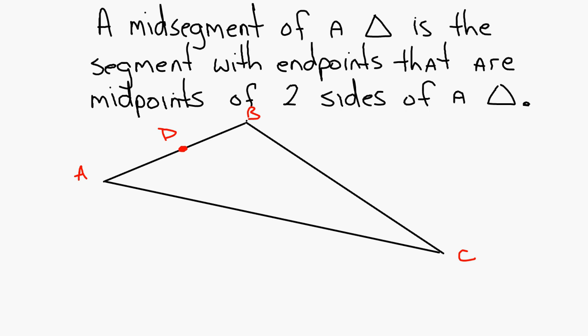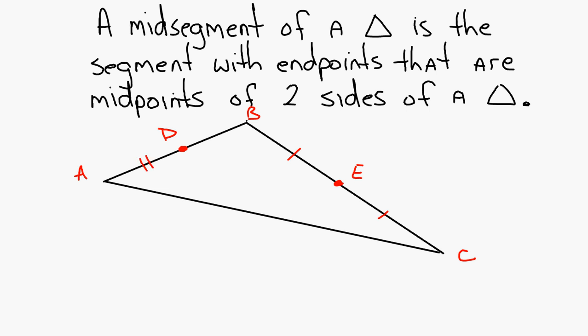Call that E. Now, here's what it looks like. If E is the midpoint of BC, it's in the middle, so these segments are congruent. And if D is in the middle of AB, then AD and DB are congruent.